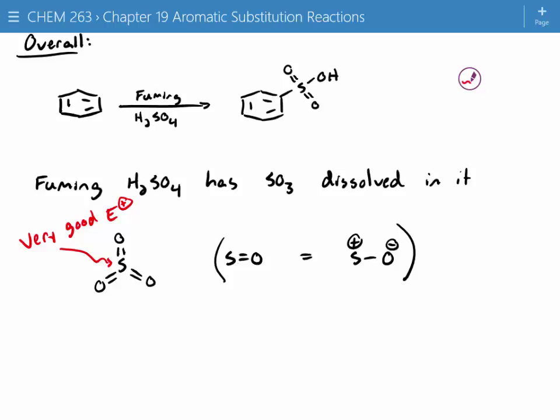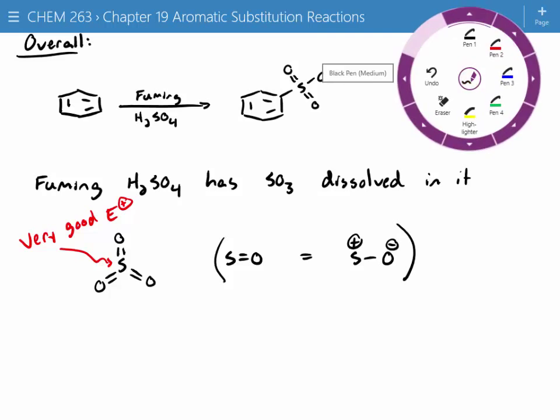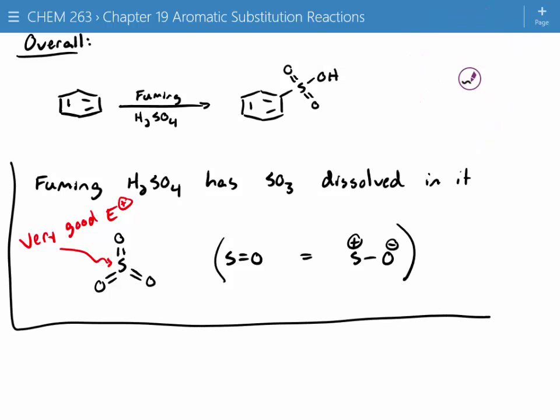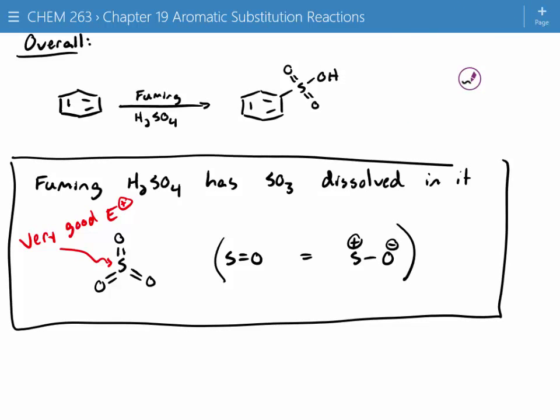Some people might even draw that sulfur trioxide as being an ionic compound, but you can draw it all as being double bonds. So the mechanism for this reaction involves using the sulfur trioxide as an electrophile, not the sulfuric acid, and that's something that confuses a lot of people. The sulfuric acid is essentially just the solvent in this reaction. It's not doing anything more than that.